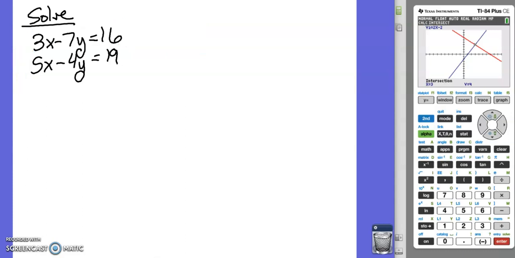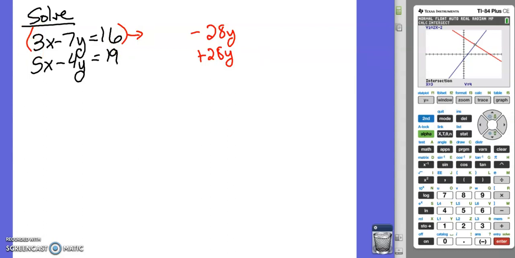But what if I wanted to cross out the y's? Then you've got to find a common multiple of 7 and 4, which is 28. If I wanted this to become 28y and this negative 28y, again I'm trying to cross out the y.